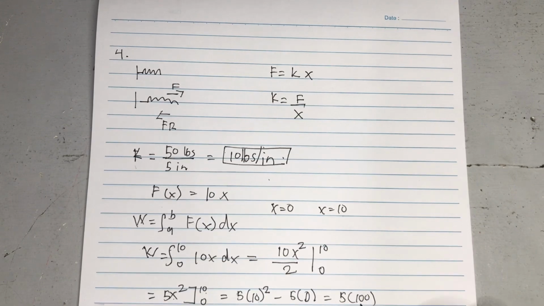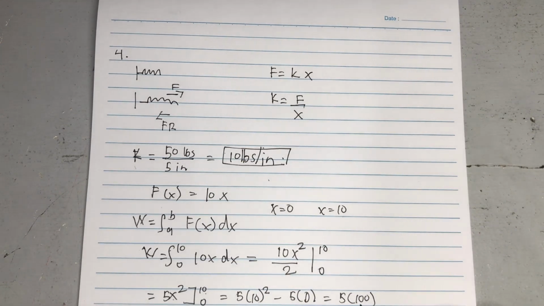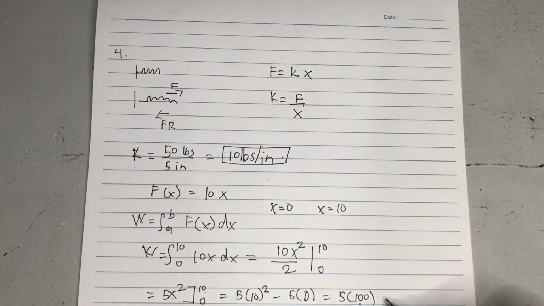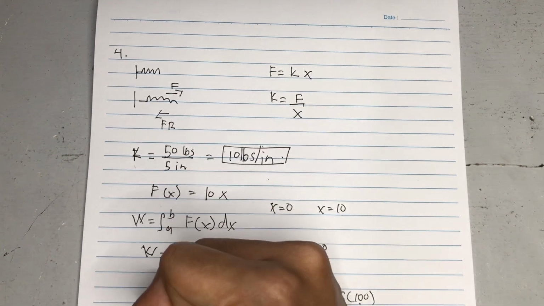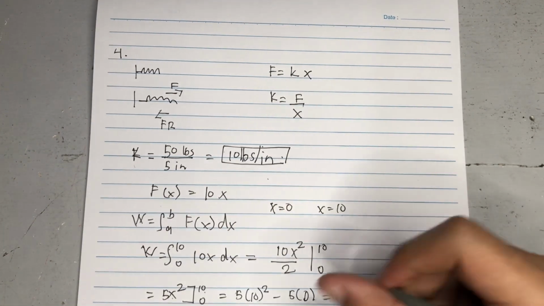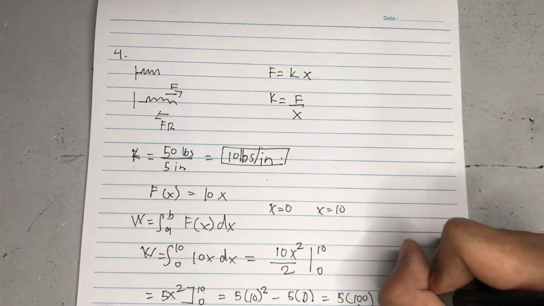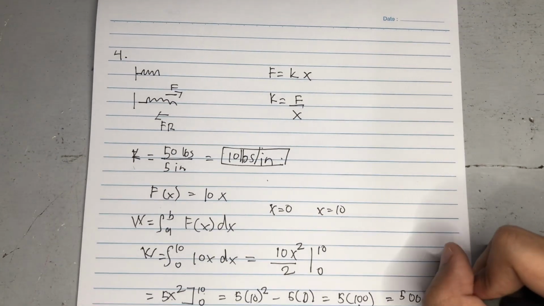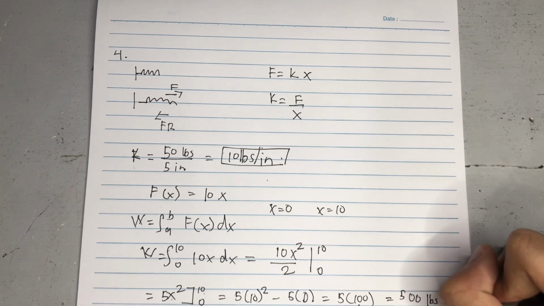So, pag nakuha mo na siyang ganyan, i-convert muna natin siya sa feet per pounds kasi yun yung hinahanap natin. Per inches pa kasi tayo, guys. So, makukuha mo yan, 500 pounds per inch.